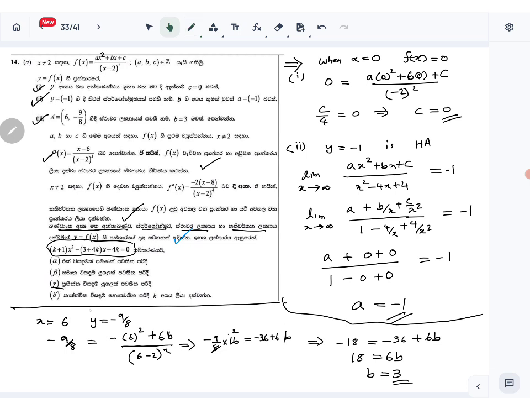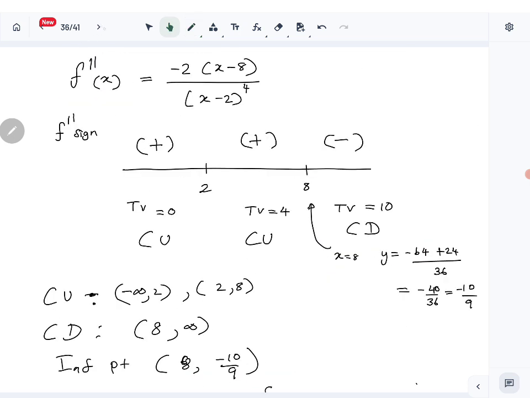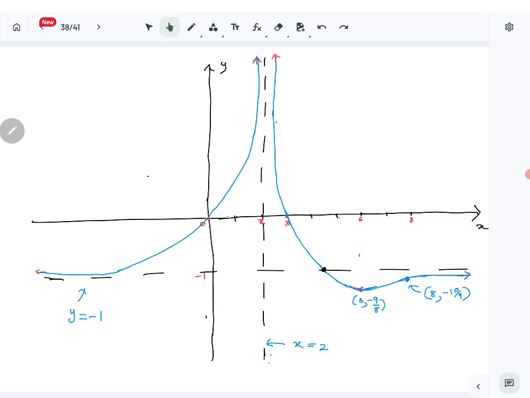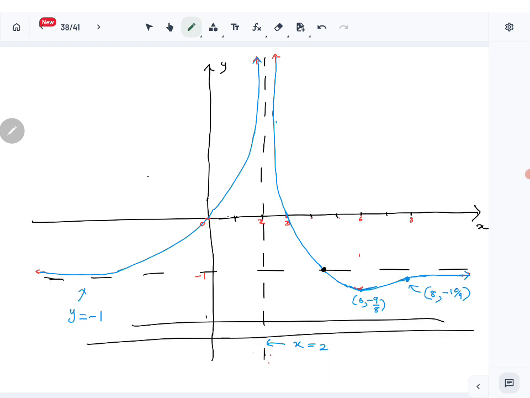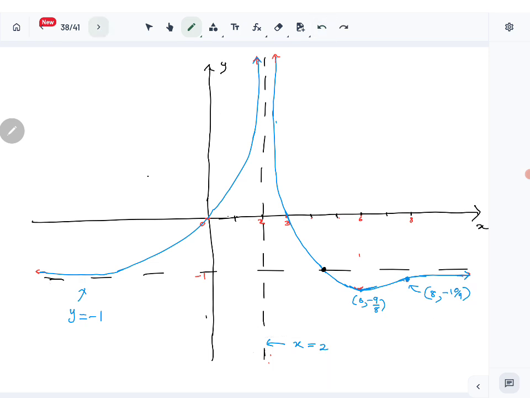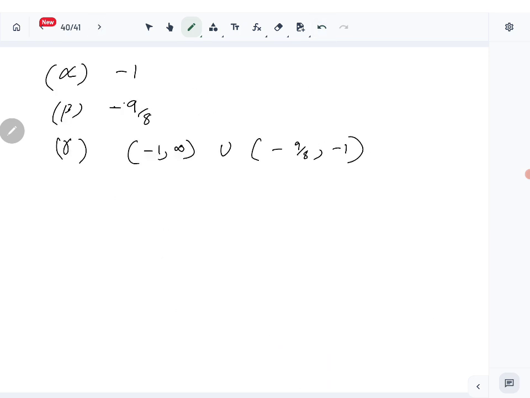Right. Then the last one is what? The last one is no real solutions. So then where do you not intersect the curve? If I draw lines below minus 9 over 8, no intersection points. So then that's the answer for that one. K has to be what?